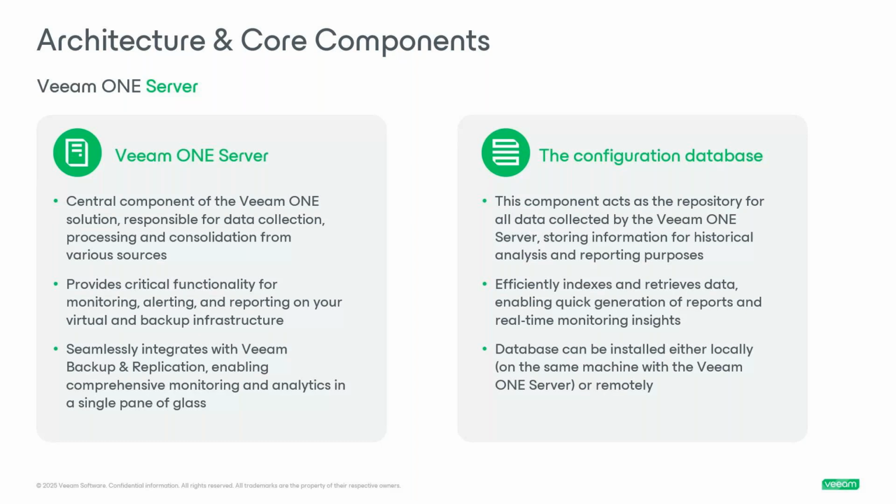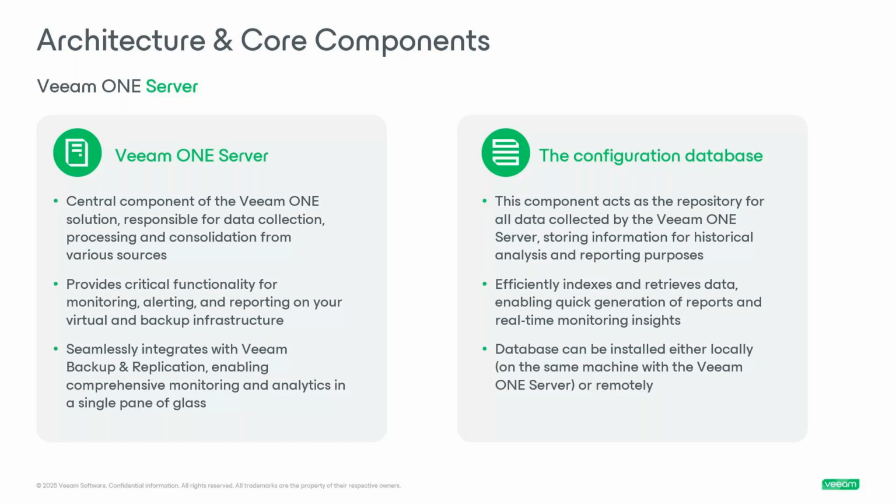This is what gathers the data to be collected and analyzed. And you have your configuration database, which is a repository for all of the data collected by the Veeam ONE server for historical analysis and reporting purposes.